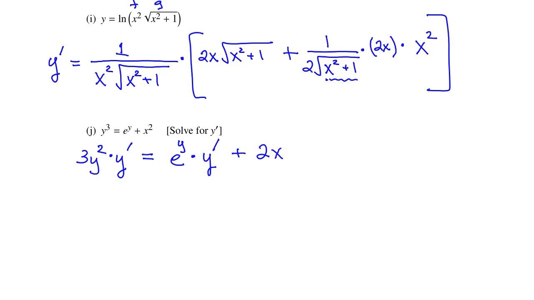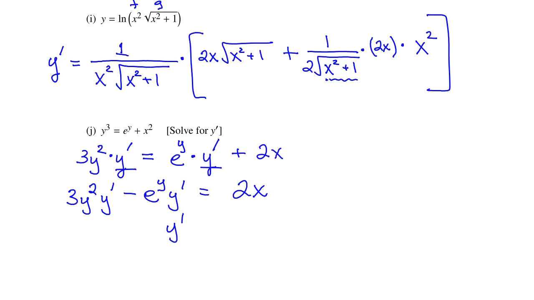Now the key to solving an equation like this is to isolate the y primes on one side and then factor that out and divide. So I'm going to move the part with the e to the left. So we now have 3y squared times y prime minus e to the y times y prime is equal to 2x.